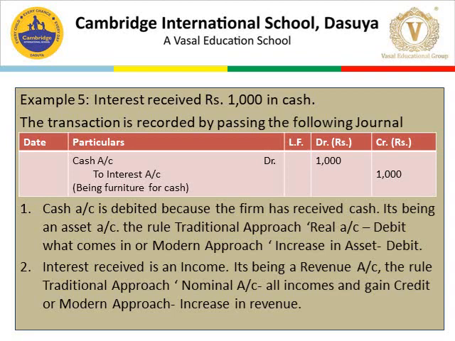It being an asset, the rule, traditional approach, real account, that is debit what comes in. So cash is coming in the business. According to the traditional approach, real account is applied. The rule says debit what comes in. Or modern approach says increase in assets is debited. That is why cash account is debited.